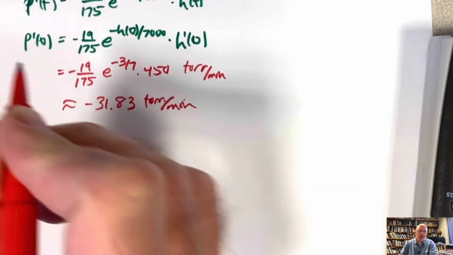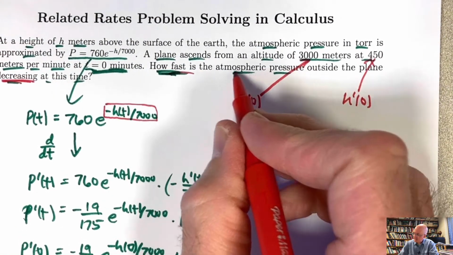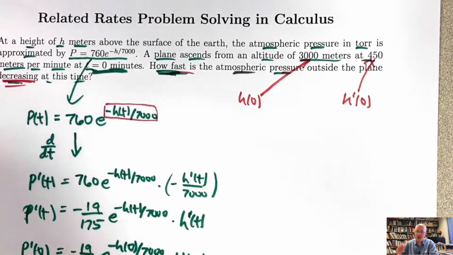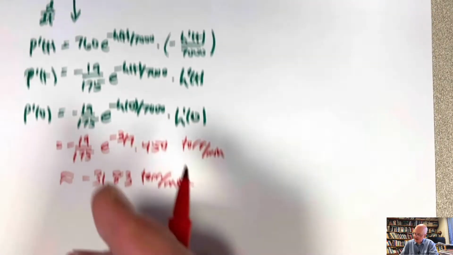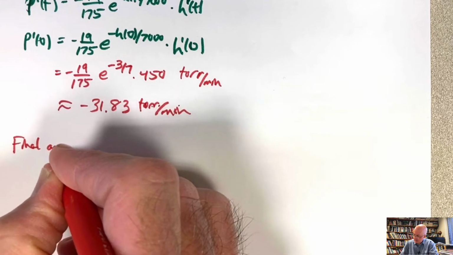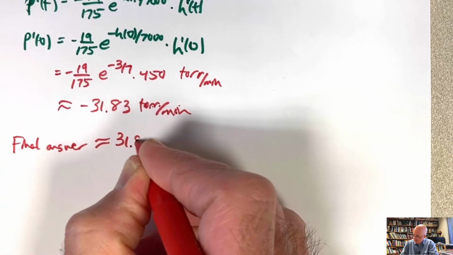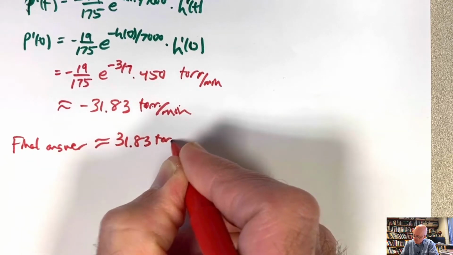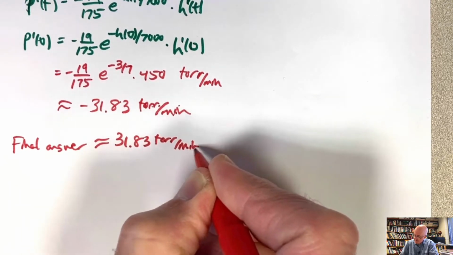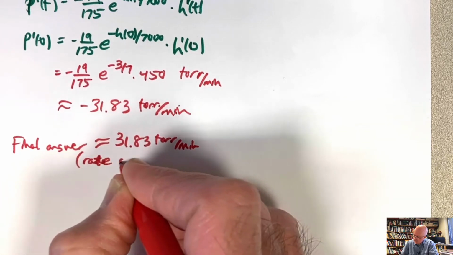But again, the question is phrased as how fast is the atmospheric pressure decreasing? That's already acknowledging it's going down. So the final answer would not include the negative sign, about 31.83 torr per minute for the rate of decrease. Rate of decrease.